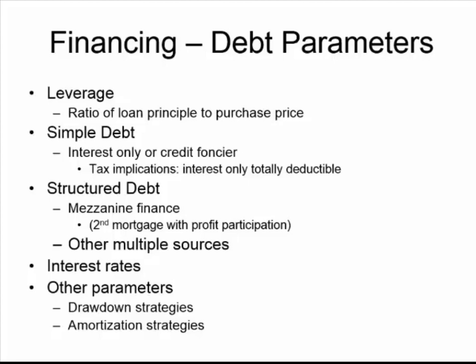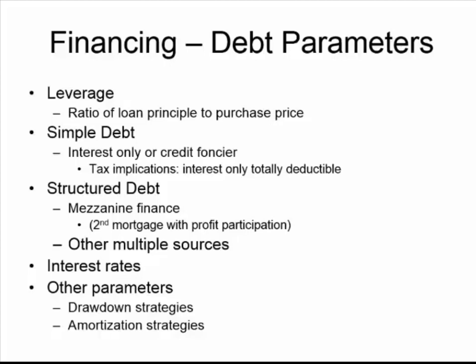in property investment considerations. In some cases, investors may want to use more complex debt than we're considering here. Here we're only considering one mortgage, one loan. In some property investments, especially in property development, it's not uncommon to use more than one source of debt. In particular, there is a type of debt called mezzanine finance, which is a debt loan which is borrowed in addition to what you can get from a regular bank. It's more risky.